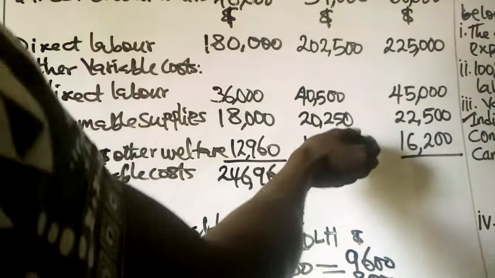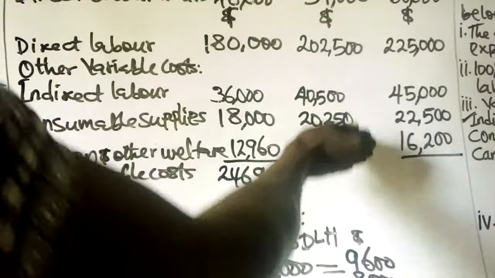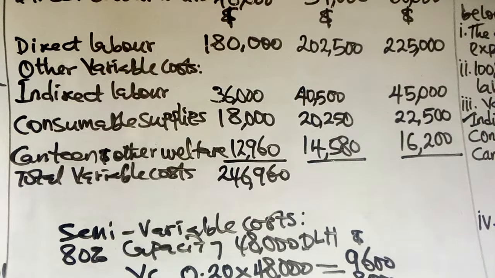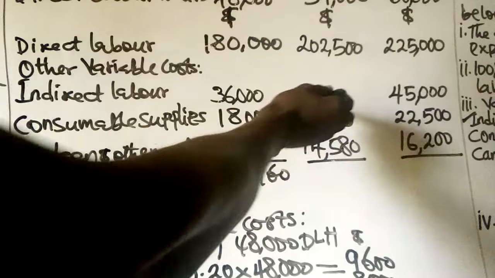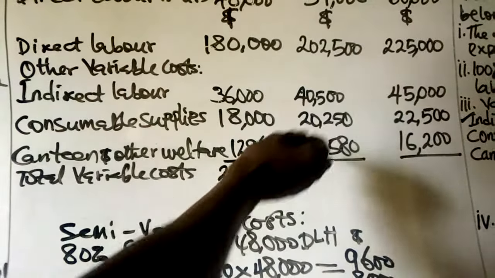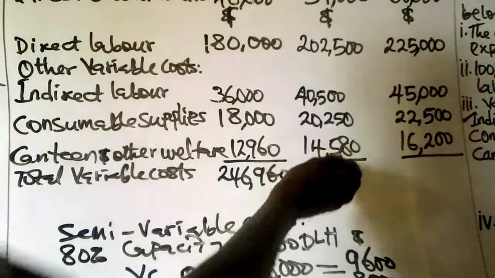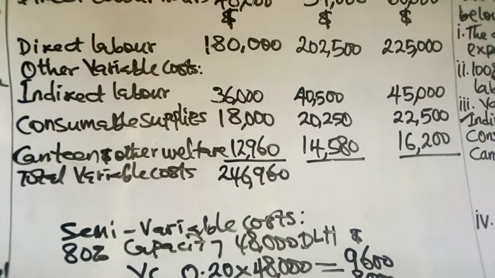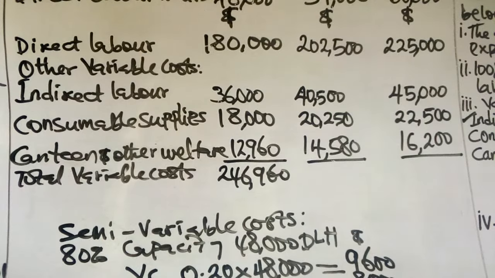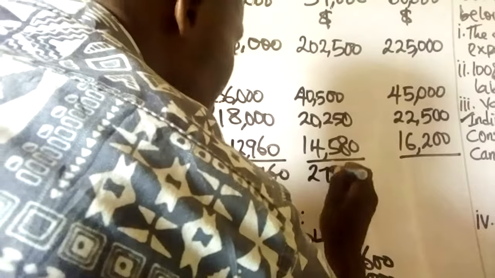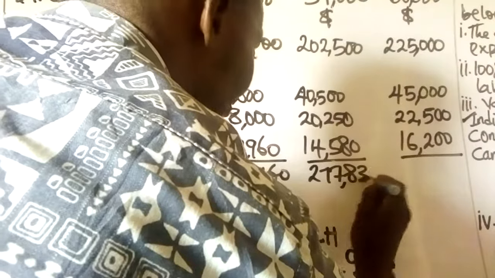Then, at 90% capacity, 202,500 plus 40,500 plus 20,250 plus 14,580, and that is a total of 277,830.